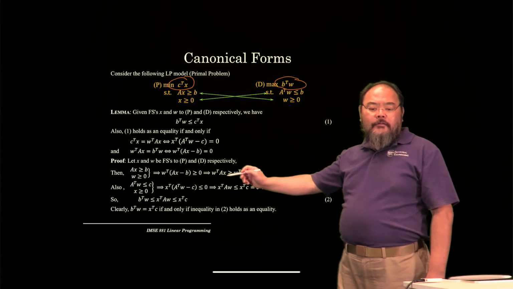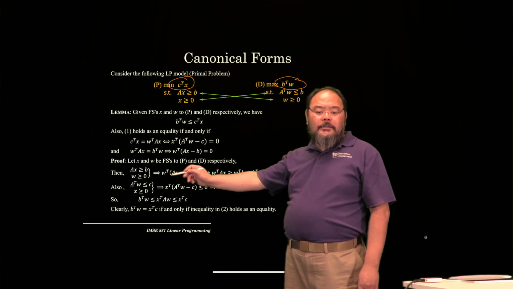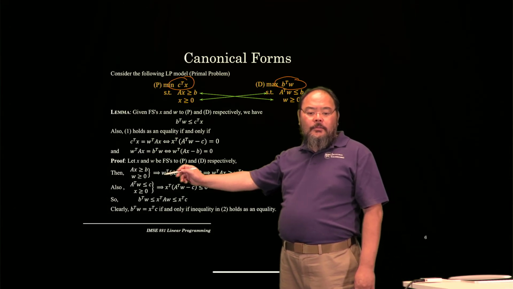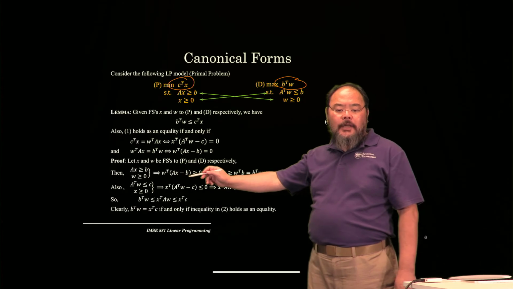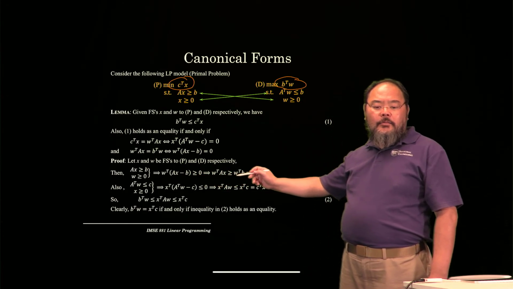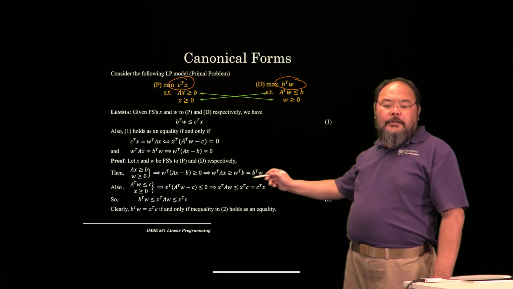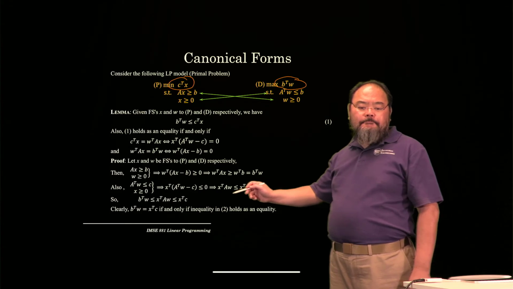So multiplying this together, omega transpose times A times X is going to be greater than or equal to omega transpose times B, which is B transpose times omega.